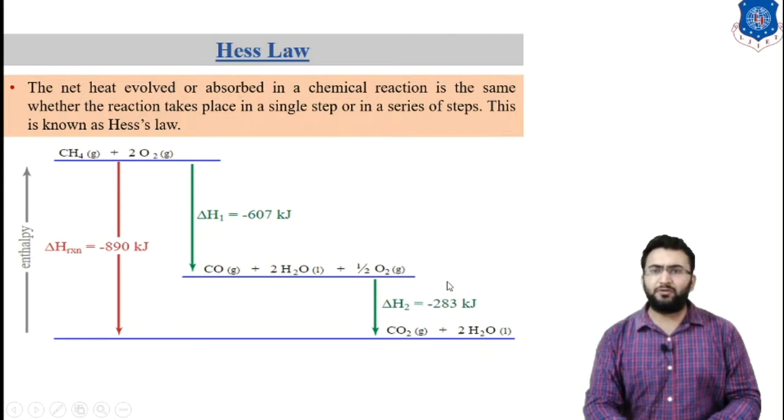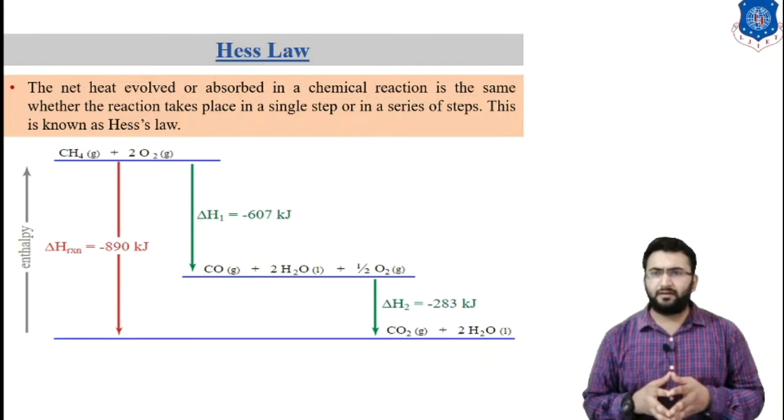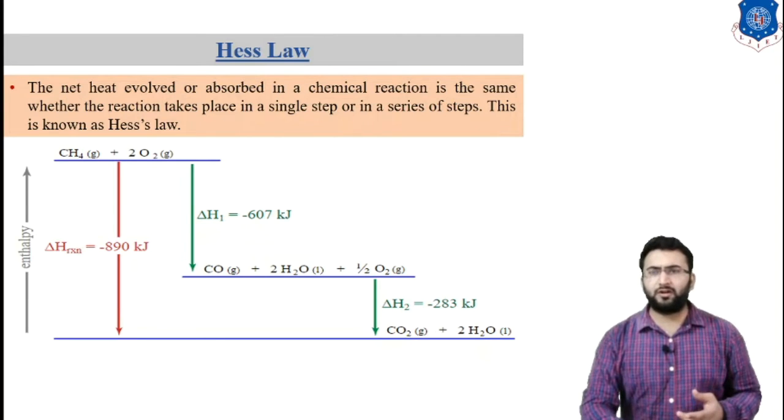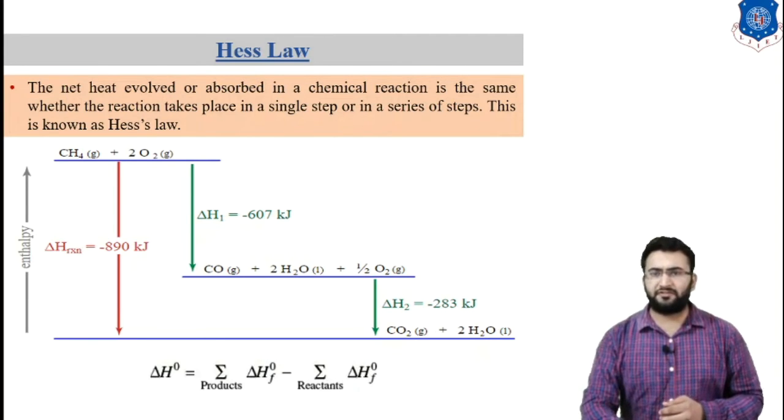Now if we sum both enthalpy changes, we will get the same enthalpy change for the reaction. So from this we can say that heat released in a chemical reaction is the same whether the reaction takes place in a single step or a series of steps. Now let's talk about the equation for Hess law.